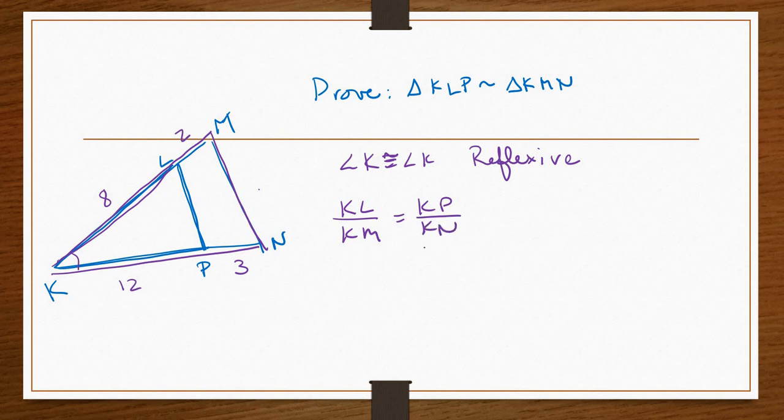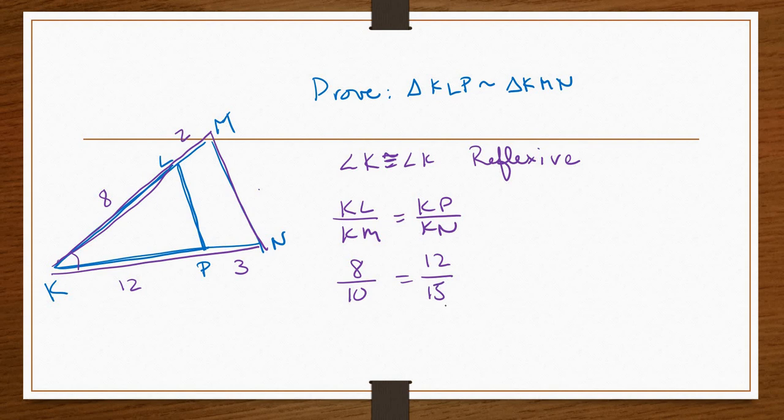And if that's true, I can prove the similarity. So KL is 8, KM is 10, adding up the 8 and the 2, KP is 12, KN is 15. Got to add them up.